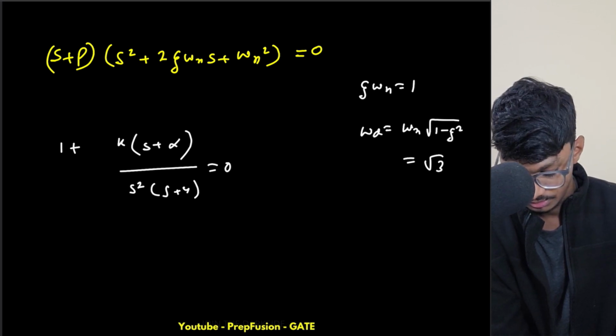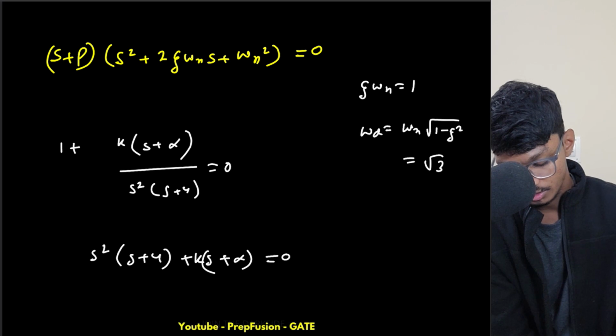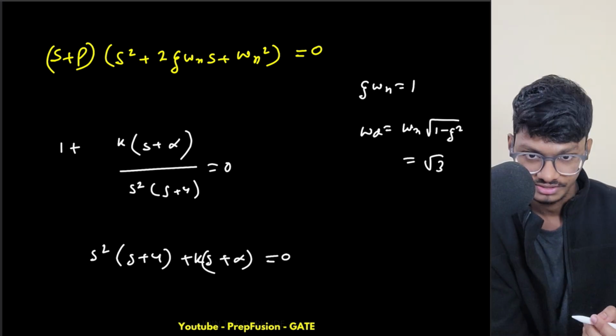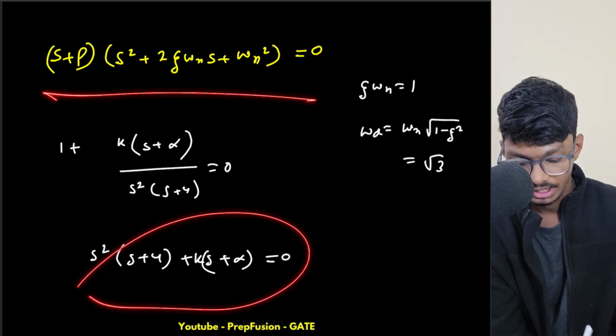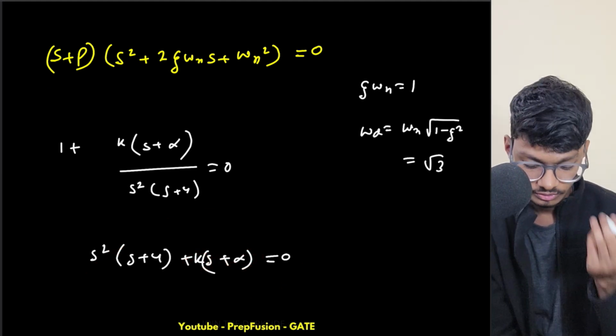So this will be s square into (s plus 4) plus k(s plus alpha). Now you equate the s cube coefficient and the s square coefficient with this, and you will find your values of alpha and k. From here also you can do it, whichever is suitable to you.